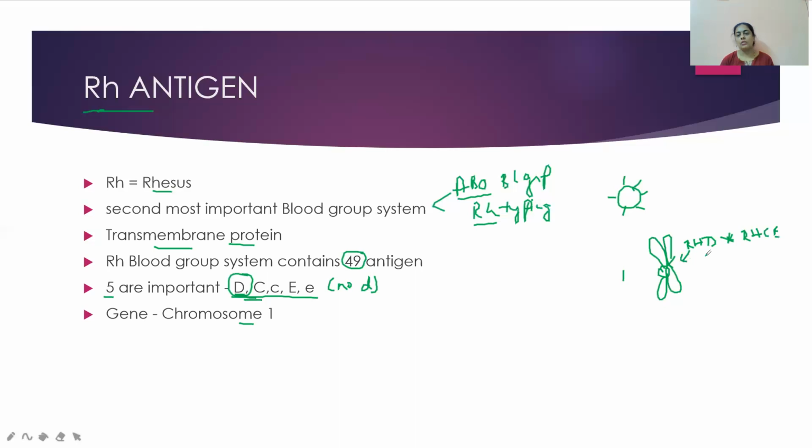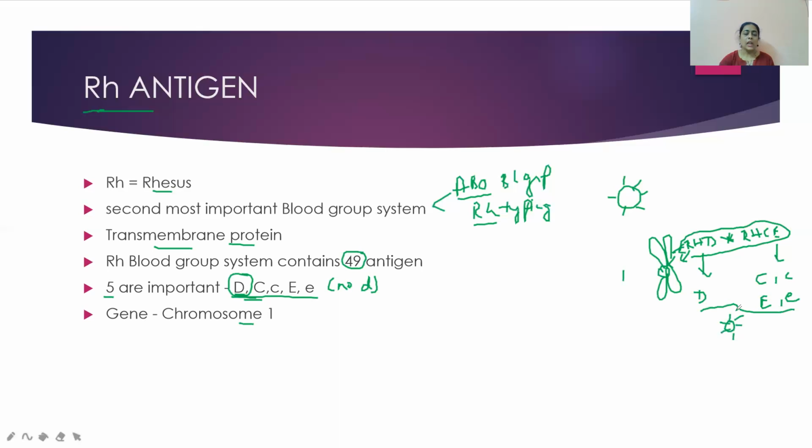They encode for this protein. The RHD encodes for the D protein, and the RHCE encodes for the C, small c, capital E, and small e proteins. Understood? So these are the genes present on chromosome number 1, and these are the proteins present on the RBC membrane.